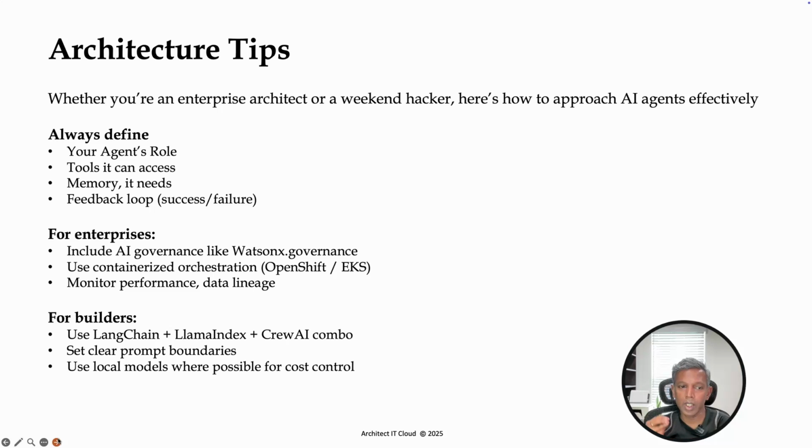And also whether this particular agent is going with a feedback loop, where if the loop is success, will it continue? And if the loop is failure, will it go and explore by its own to find out the next task to achieve? So these are all the things that you must list out as an enterprise architect.